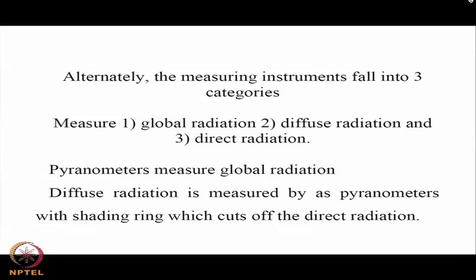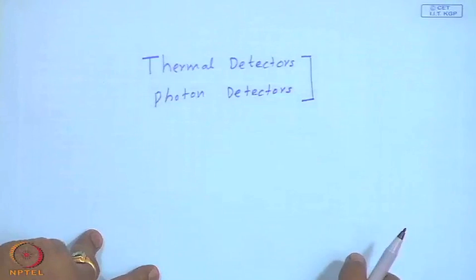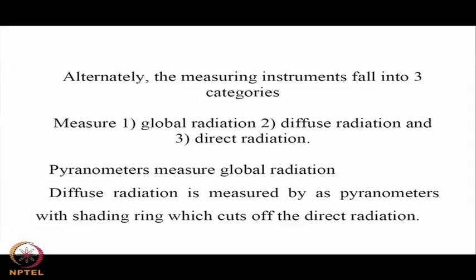Alternately, the measuring instruments also fall into three categories. In other words, first we classified based on the type of detector that is employed, and now depending upon the purpose or the component it measures, it falls into three categories.